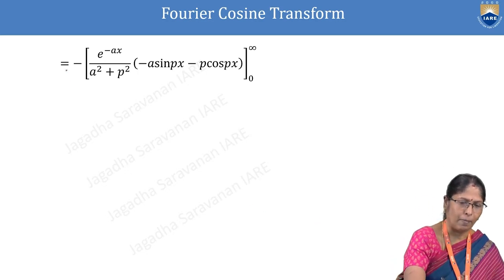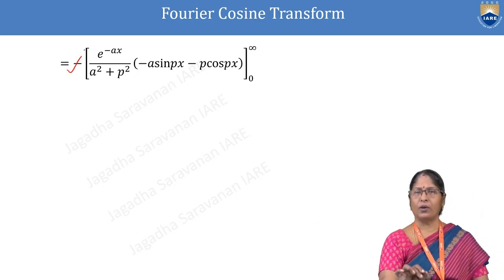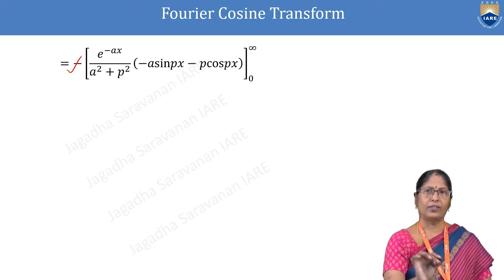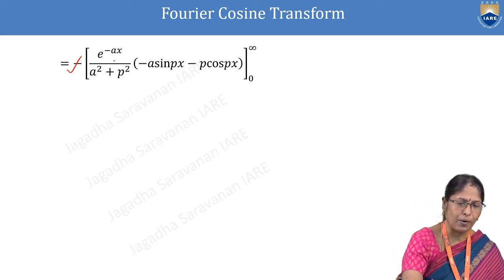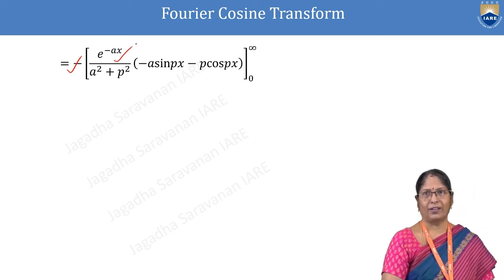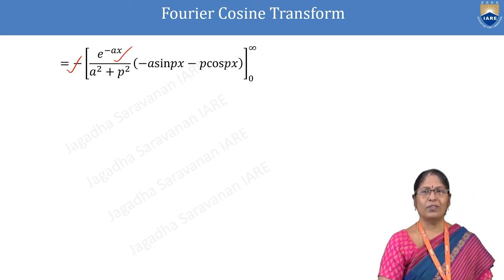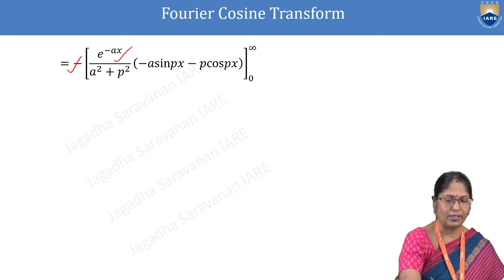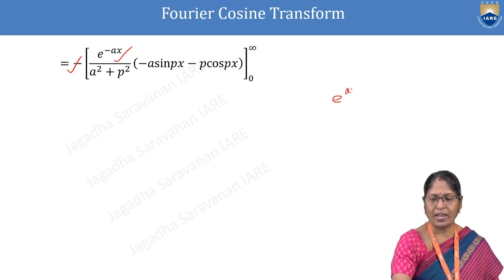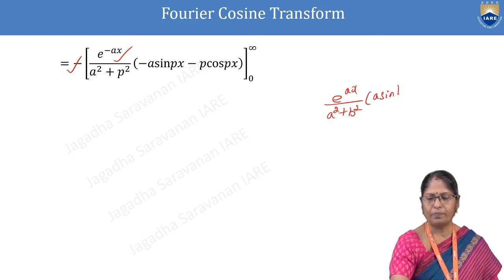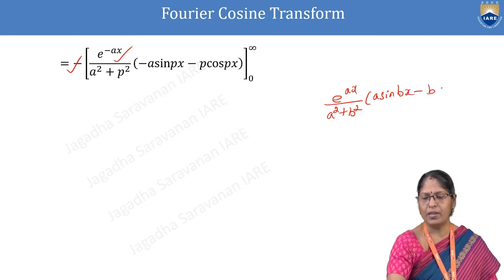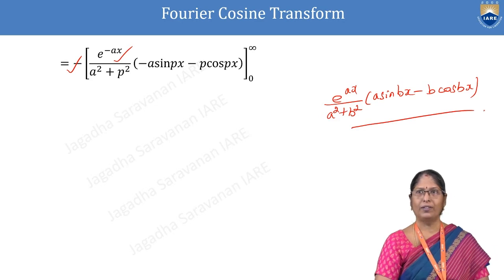That minus sign we are not disturbing at all. That minus sign we kept as it is. Here, e power ax, but in our problem, minus a. So e power minus ax by a square plus b square into a sin bx minus b cos bx, this is our formula.